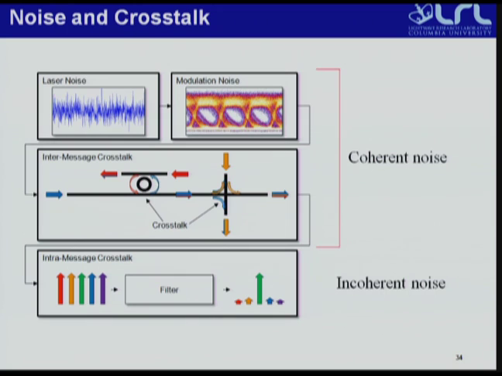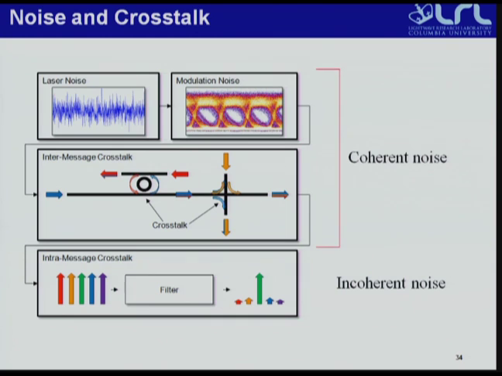That's going to depend on the engineering at these crossings, and also the extinction ratio of these rings. These are all called coherent noise, or noise that's at the same frequency as the wavelength that we're interested in.